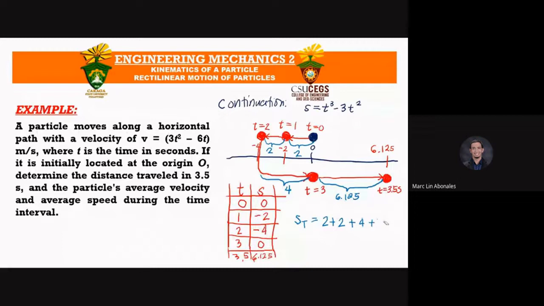So the sum is 14.125. So this is your answer for the first question sa for this problem na distance traveled of the particle in 3.5 seconds. So it means that what is the total distance covered by the particle?